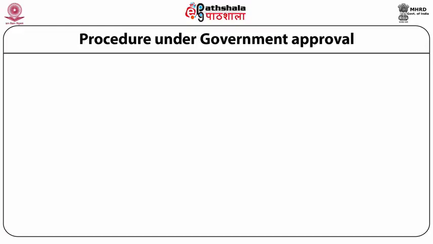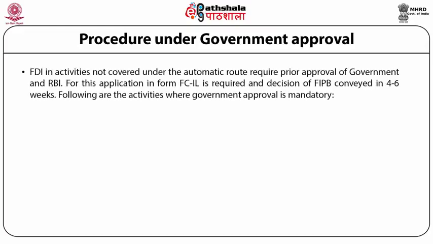Procedure under government approval. FDI in activities not covered under the automatic route requires prior approval of the government and the RBI. For this, an application in form FC-IL is required and the decision of FIPB is conveyed in 4 to 6 weeks.